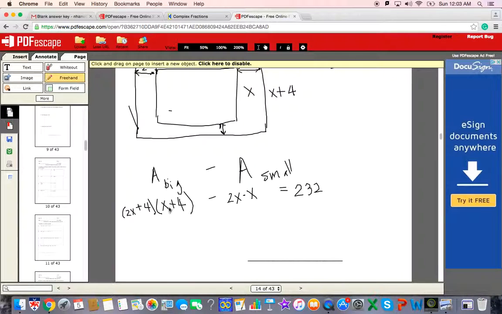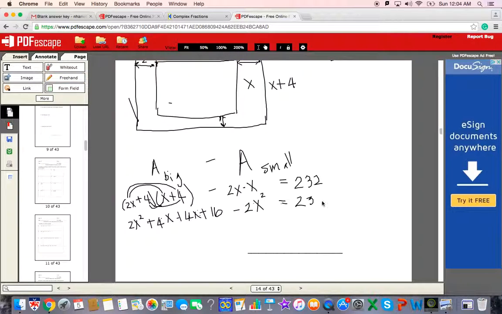All right, now we can FOIL. We do first, which is 2x squared, outer, which is plus 4x, inner, which is again plus 4x, and last, plus 16, minus 2x squared, because we have x times x, and that gives us 232.